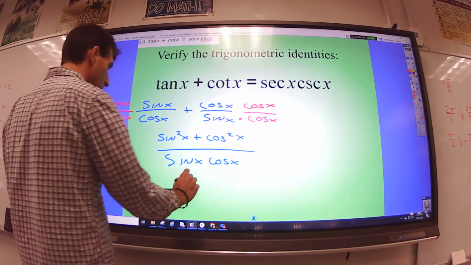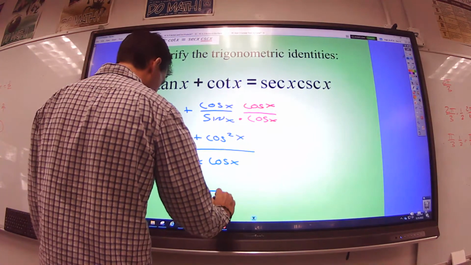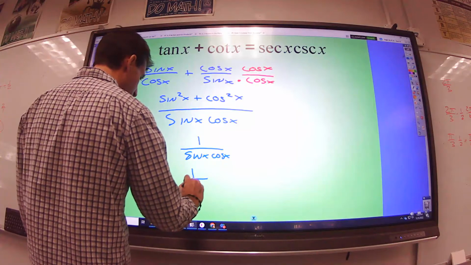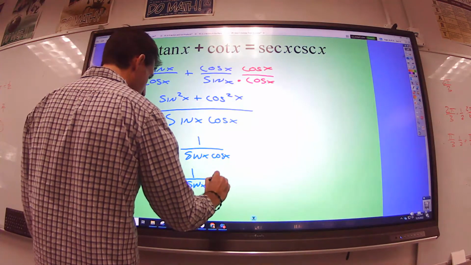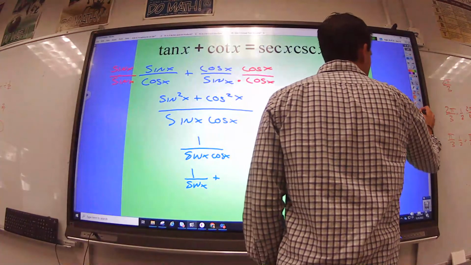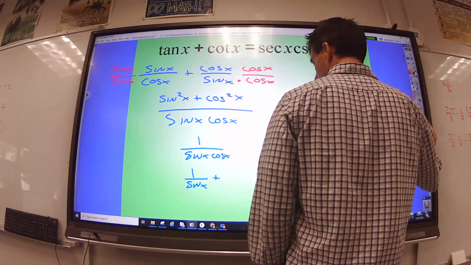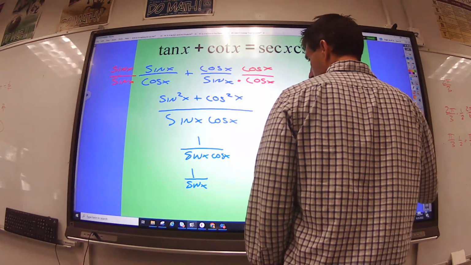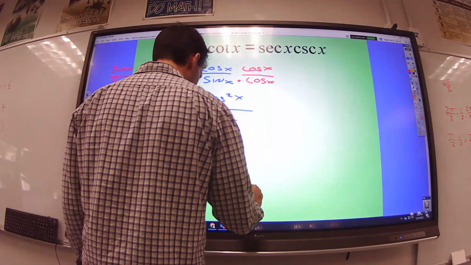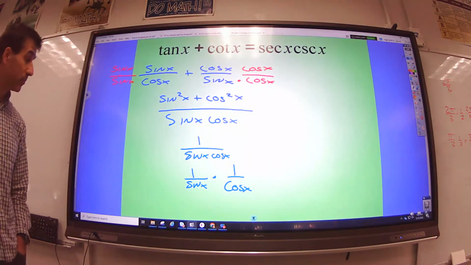So it's going to be 1 over sine x cosine x, which another way I can write is 1 over sine x times 1 over cosine x. I can split it up like that, which is equal to what?